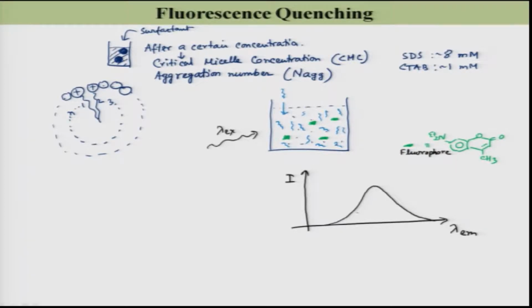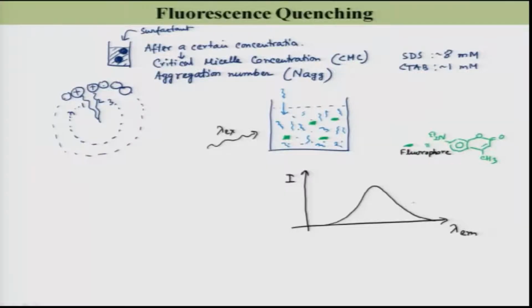Now, as you are adding the surfactant, you keep on measuring the fluorescence spectra of this molecule. So, when there is no surfactant, let us say it looks like this. As you are adding surfactant, you are measuring.